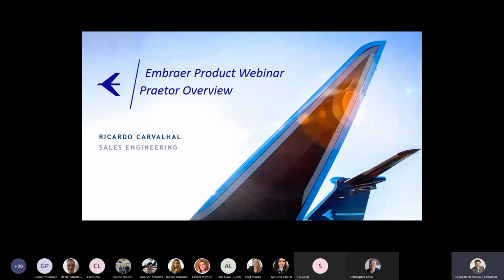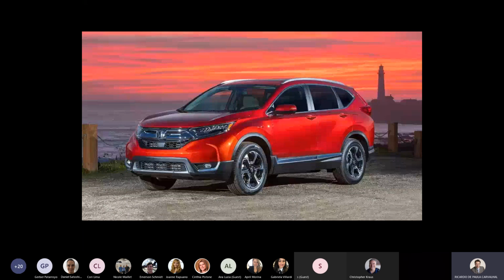Okay, so I'll get it started with a car. For the ones who have watched the Phenom conversation, those first slides will be exactly the same because I think it's an important primer for our conversations. What you see on the screen is a Honda SUV, a medium size SUV. In the car world, as you know, you have different shapes, different sizes, and different categories.